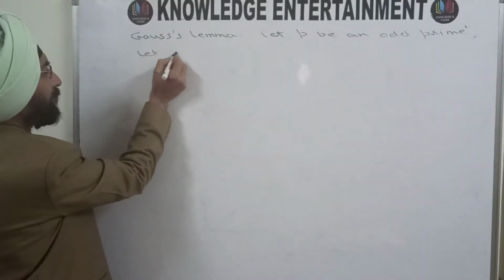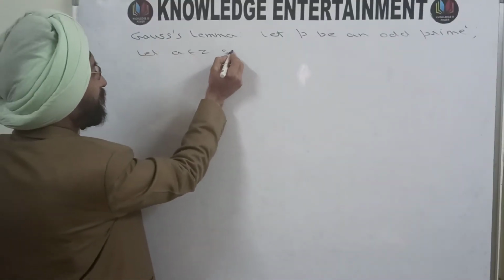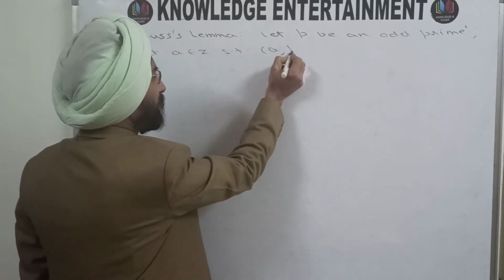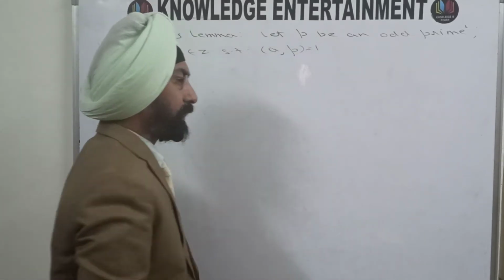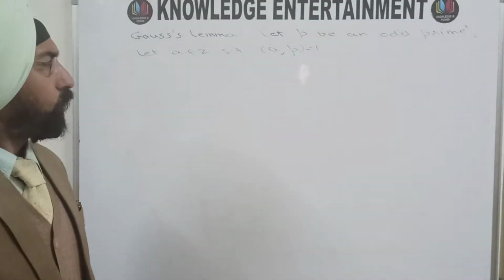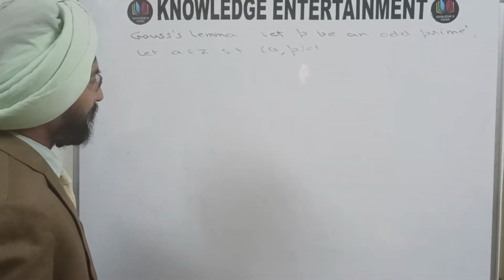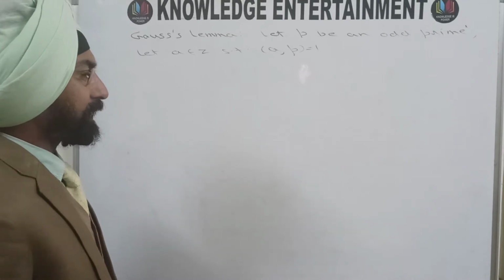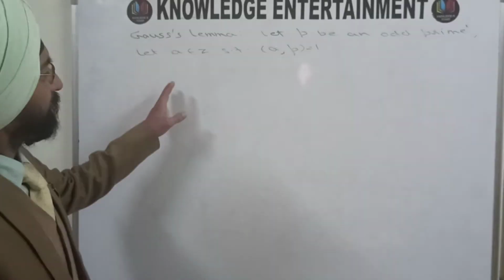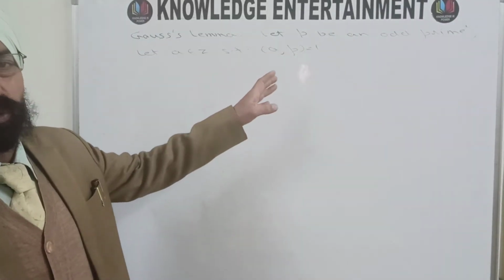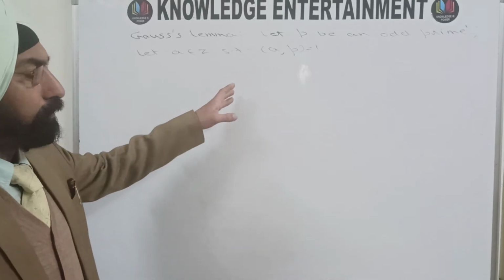Let A be an integer such that GCD of A and P is 1. Now let N be the number of those least positive remainders which we obtain when we divide A, 2A, 3A and so on up to (P minus 1) by 2 times A by P.